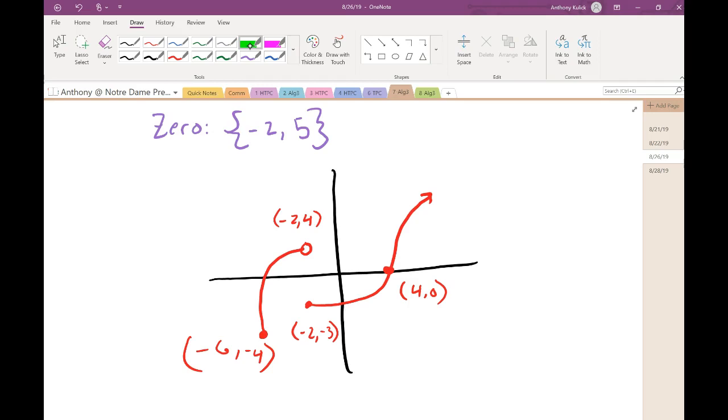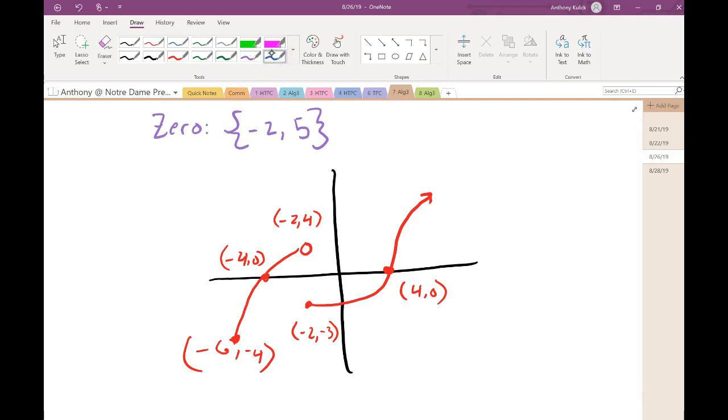So first things first, let's identify how many positive, negative, and 0. Oh, I do have one more point that I need to label. Sorry about that. Definitely need a label for that. You gotta know where that's at. Okay.